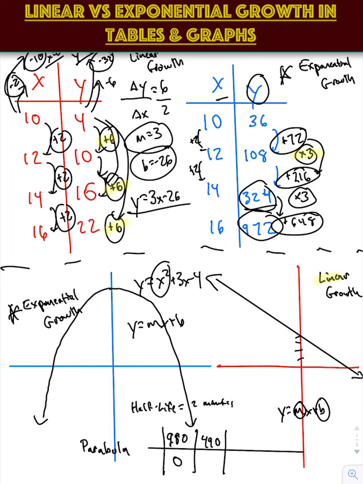This means the amount of substance will be cut in half every 2 minutes. So the first time our decrease is 490. After 2 more minutes, it's cut in half again. And so we're at 245.